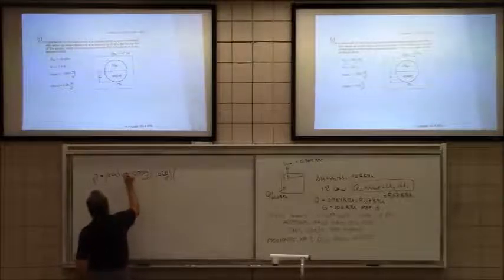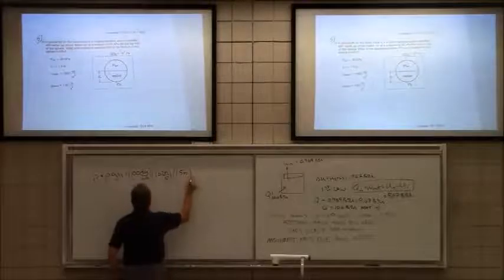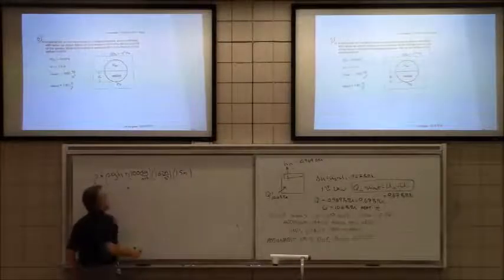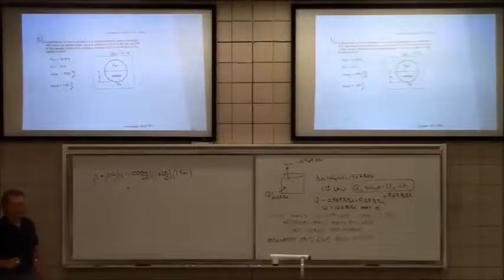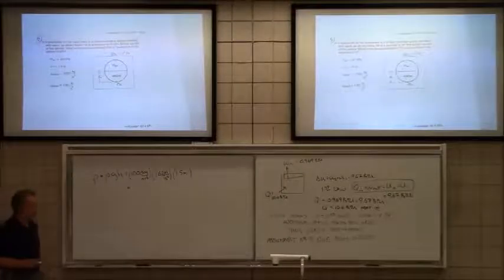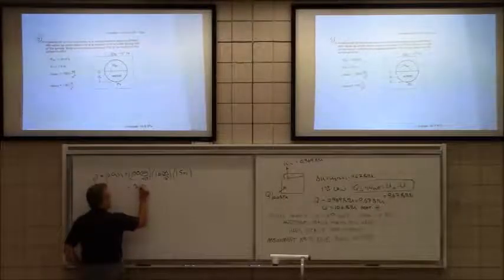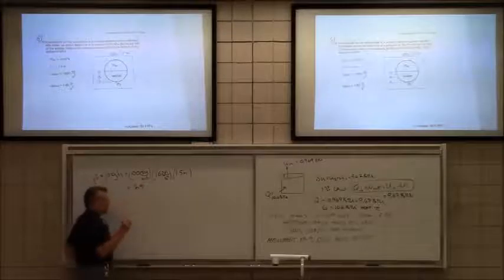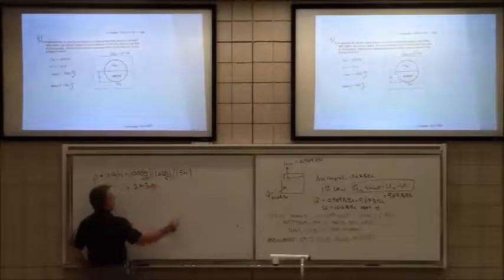And then what's h? h is 1.5 meters. So what does this come out to be? 2430. And what are the units on this?